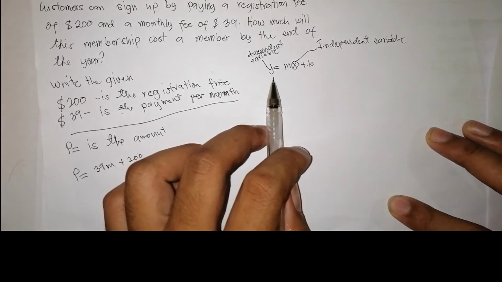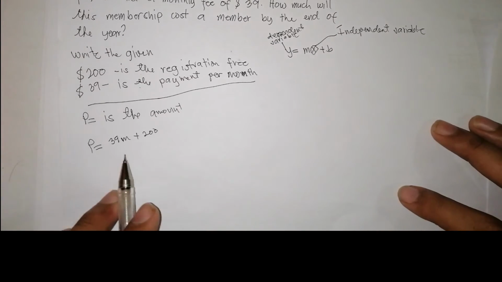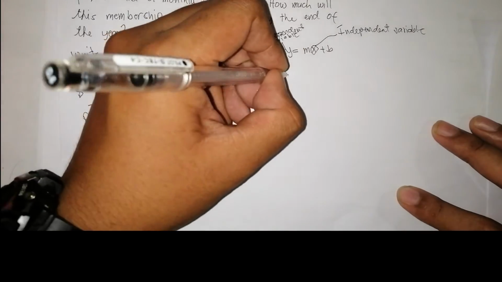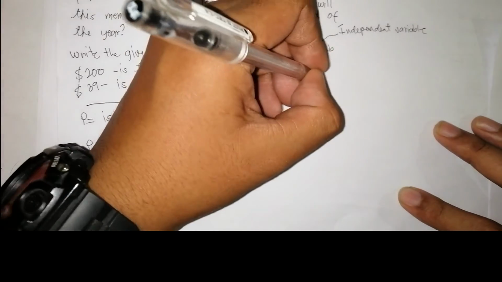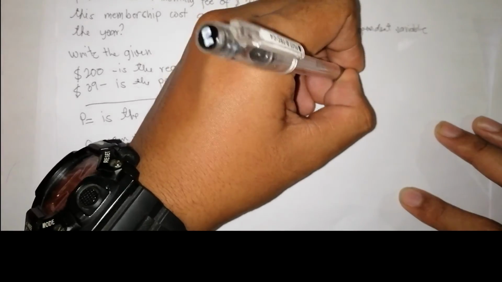So here we have to plot this: P equals 39M plus 200.